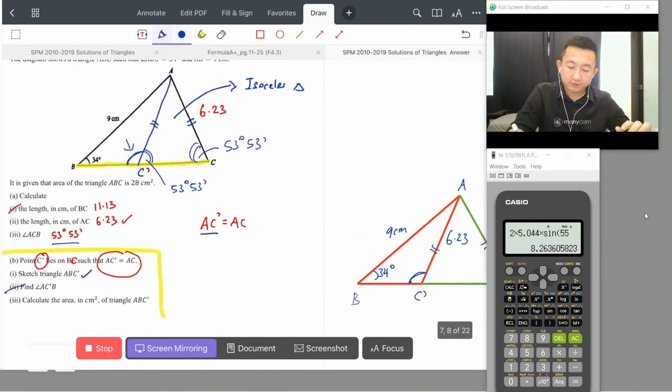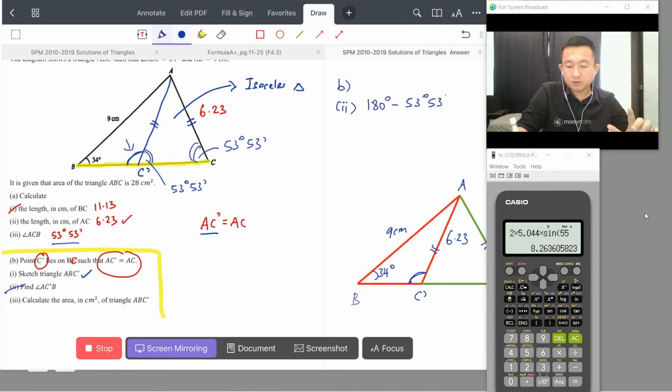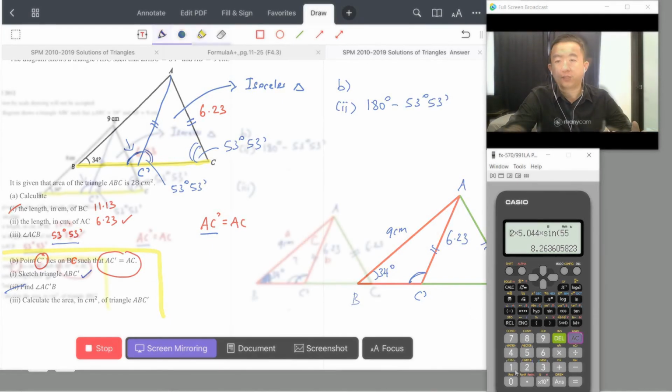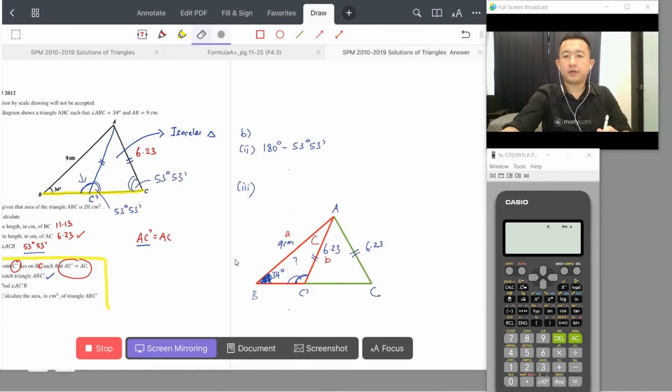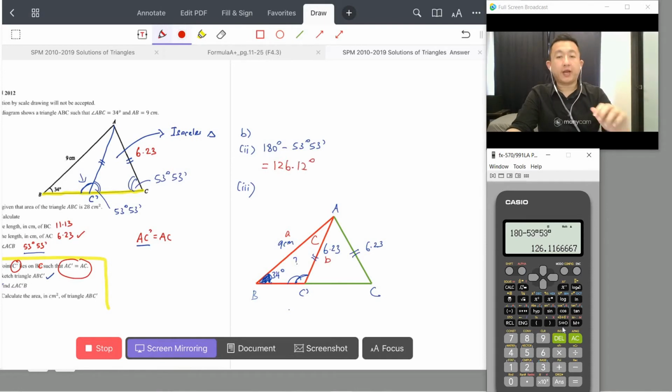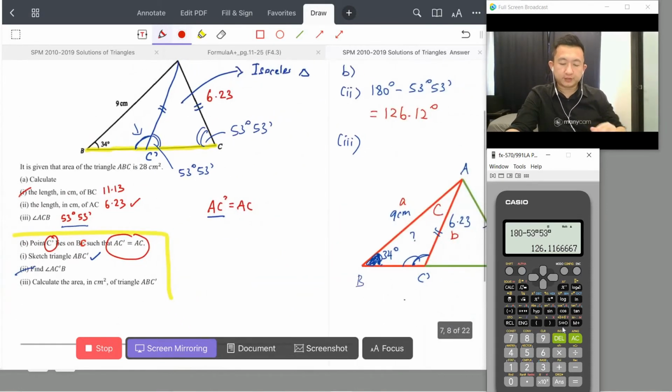So you have 180, a straight line angle, minus 53 degrees 53 minutes. 180 minus 53 53, we will have 126 degrees 12 minutes. Okay, that is number 2, 126 12.